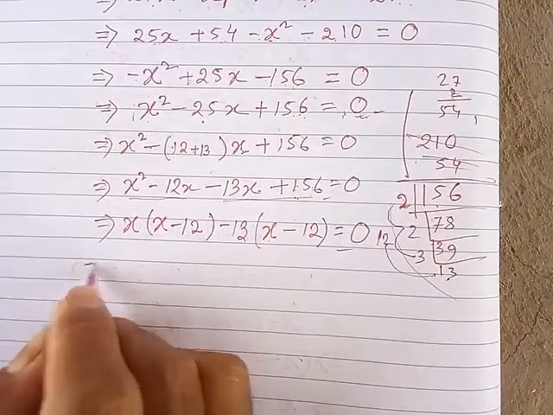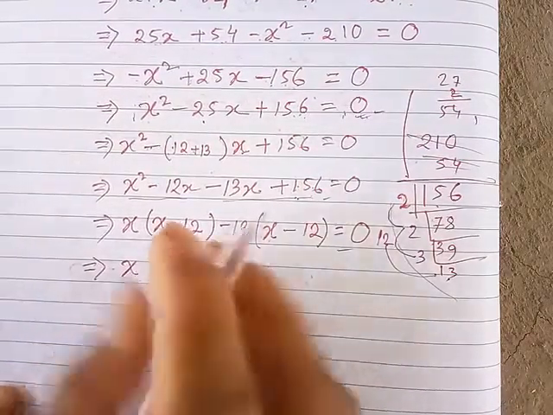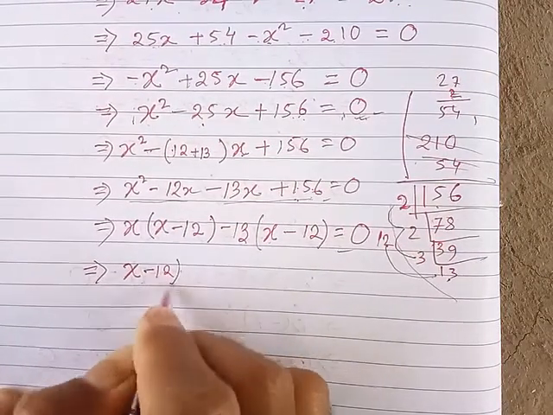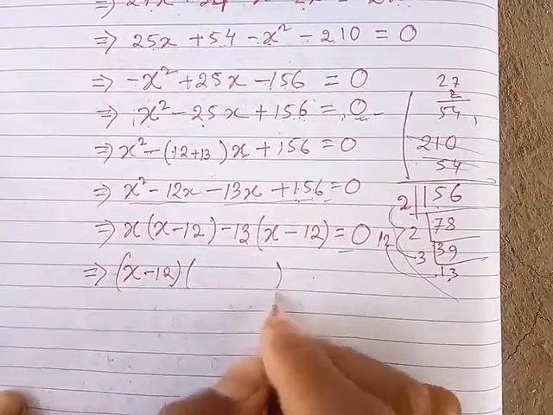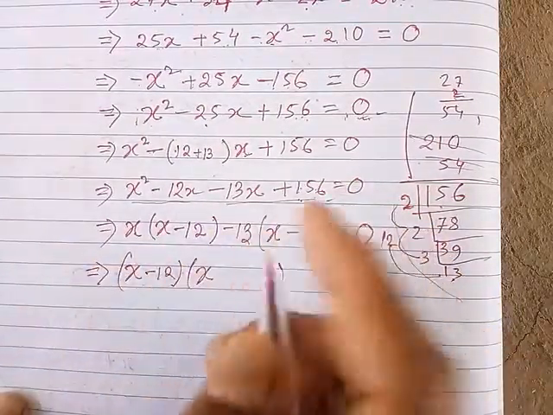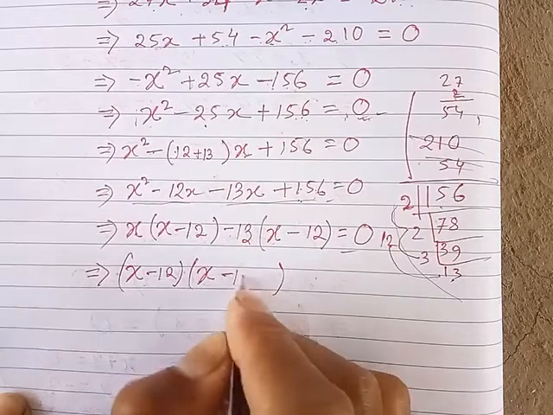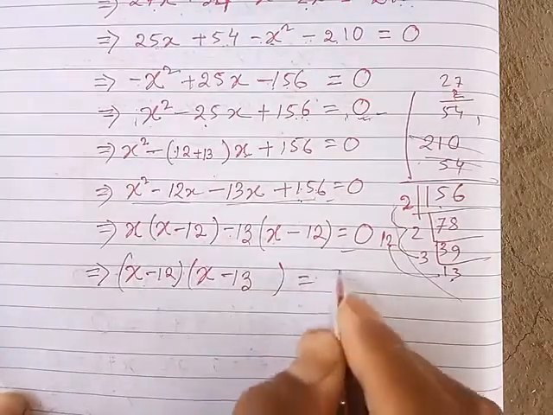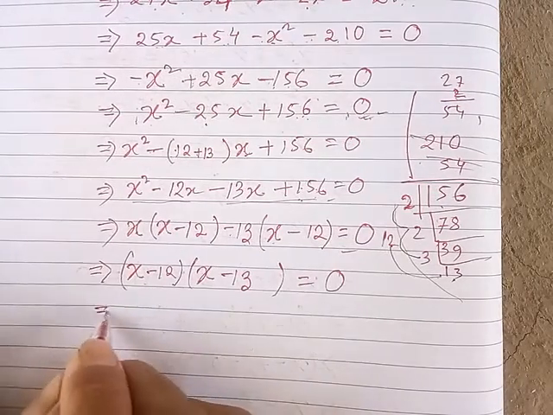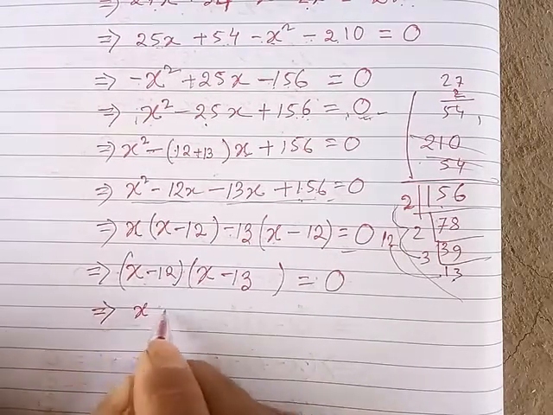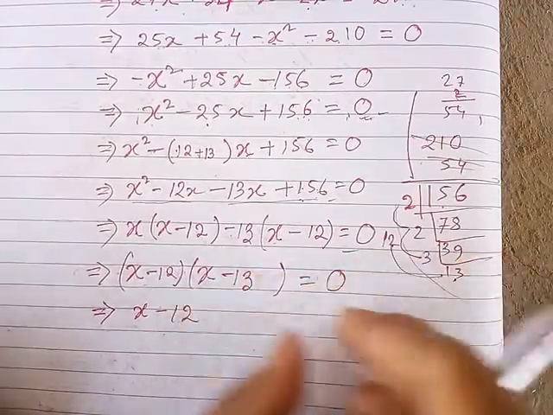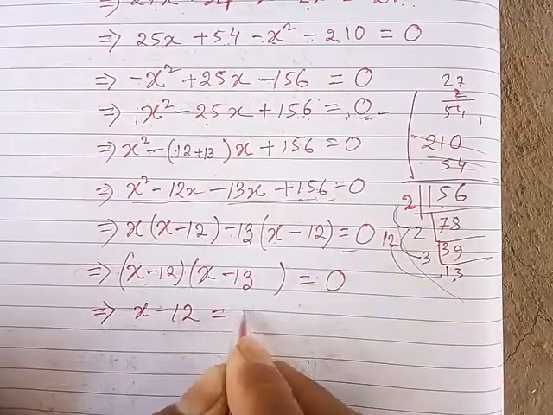Now again from this part and from this part, x minus 12 is common to both, and whatever remains you just write inside. X is remaining, this it took common, so minus 13 is remaining. Other things remaining same, equal to 0 is remaining same. So it means if you keep x minus 12 and this one take outside, it will be 0 divided by this, it will be completely 0.